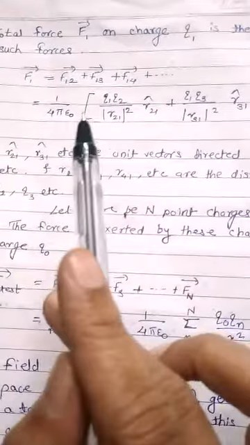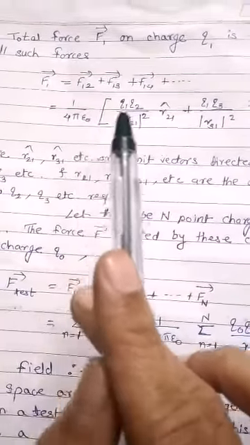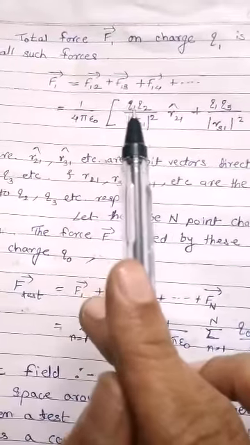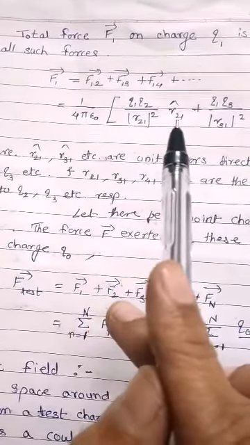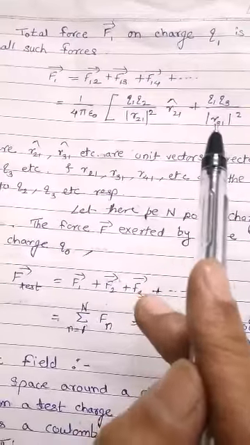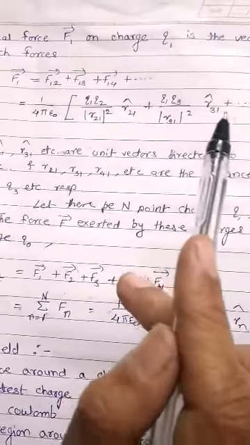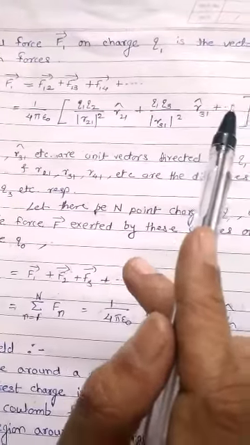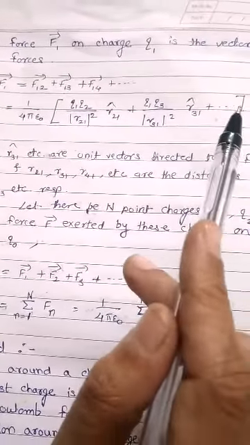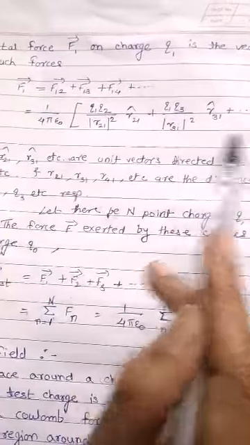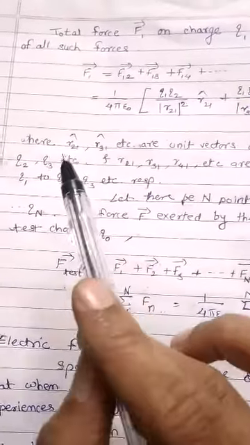Since 1 upon 4 pi epsilon naught is common, we add Q1 Q2 upon r21 squared r21 cap, plus Q1 Q3 upon r31 squared r31 cap, plus Q1 Q4 upon r41 squared r41 cap, and so on for the number of forces acting on charge Q1.